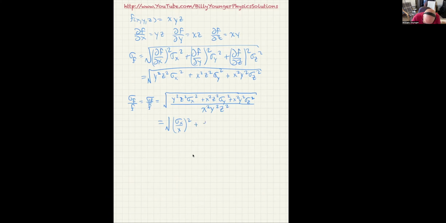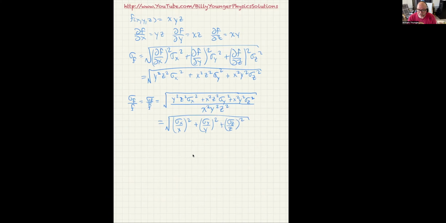Same thing happens with this one. That's going to be sigma y over y squared, and the same thing happens with the z. The x squared and the y squared both cancel out, and you're just left with sigma z squared over z squared, which is the same thing as sigma z over z quantity squared. So that's another formula you could use. It turns out if you multiply and divide them, it still comes out to the same formula.